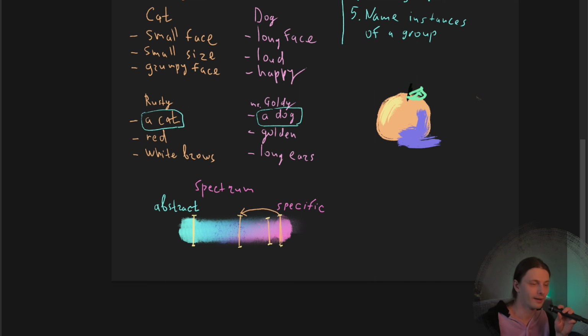Okay. Probably that sounds good to you, and maybe you even agree with some of the points I said before. But how would you become better at abstractions? Good question.